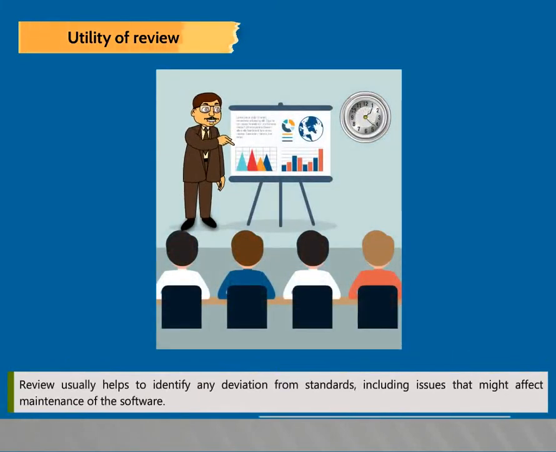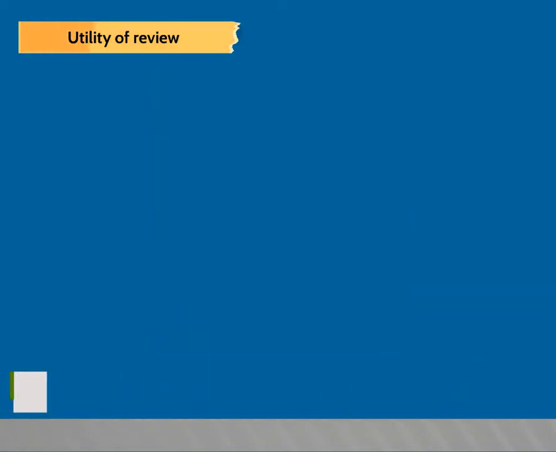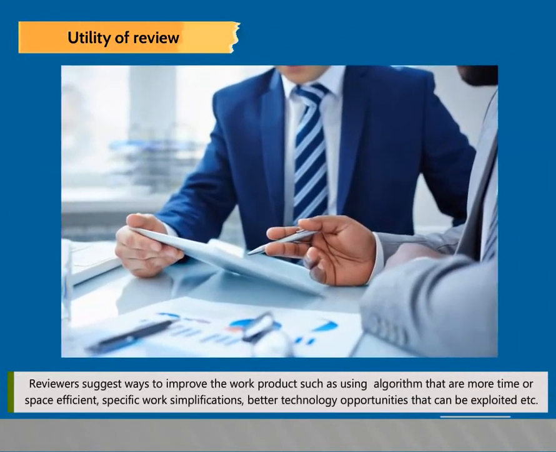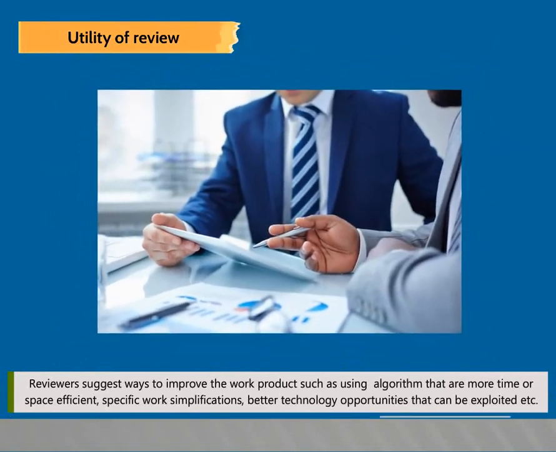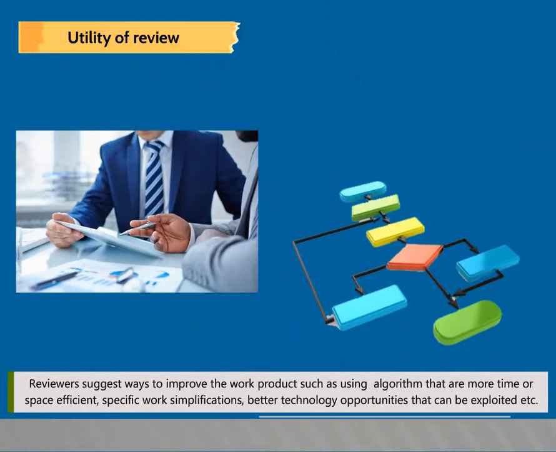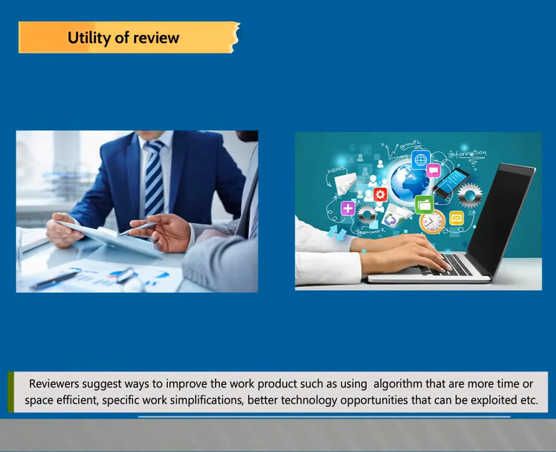Review usually helps to identify any deviation from standards, including issues that might affect maintenance of the software. Review suggests ways to improve the work product, such as using algorithms that are more time or space efficient, specific work simplifications, better technology opportunities that can be exploited, etc.